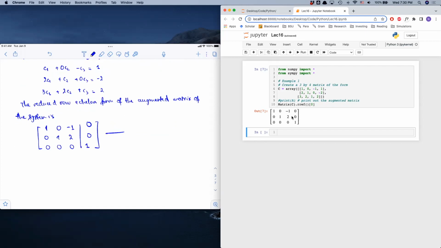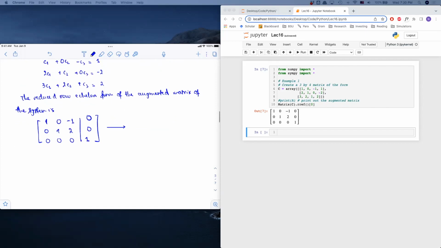Right? And from here, we can write down the system of this reduced row echelon form. Or if you notice, the last row of the reduced row echelon form is going to give you a false statement, right? Because the 0 on the left-hand side is not going to be equal to the 1 on the right-hand side.